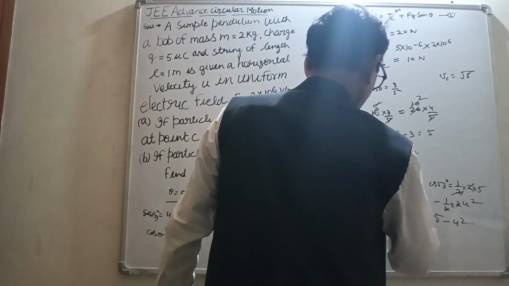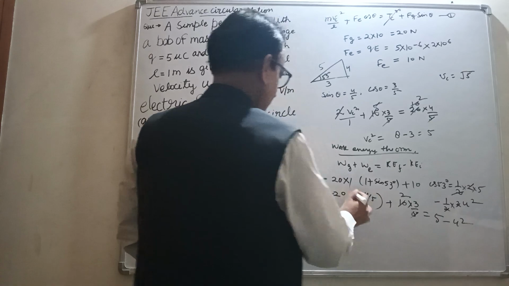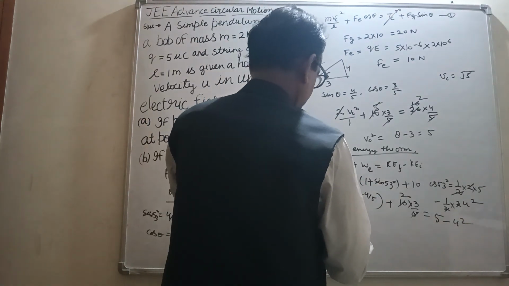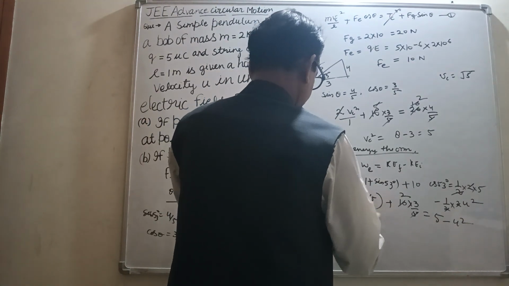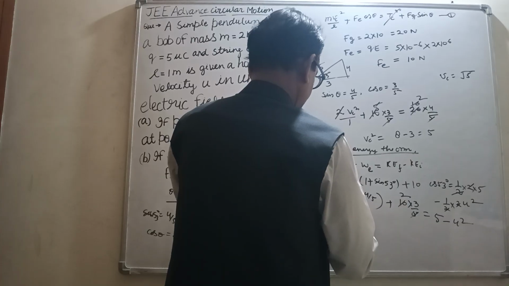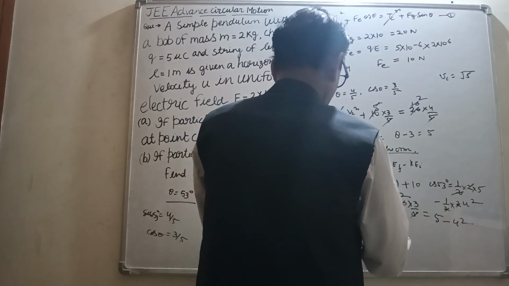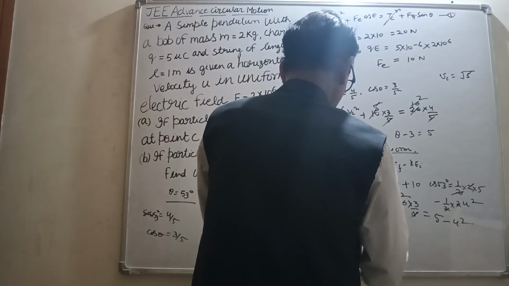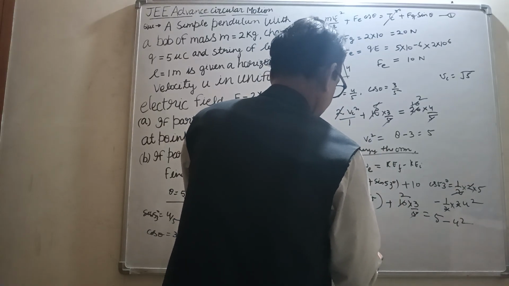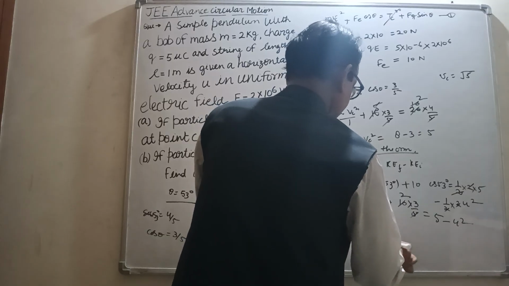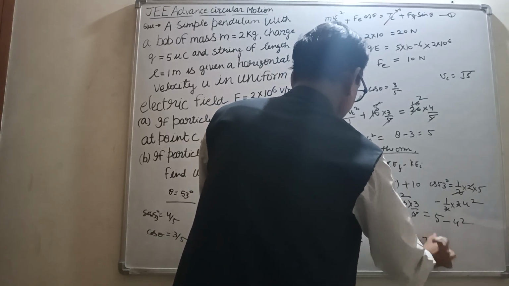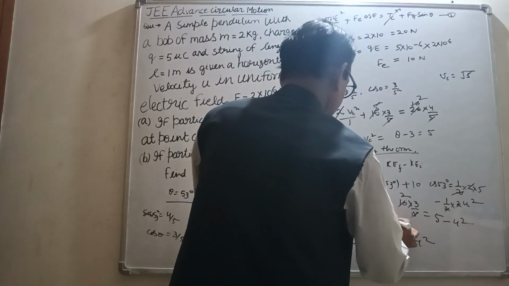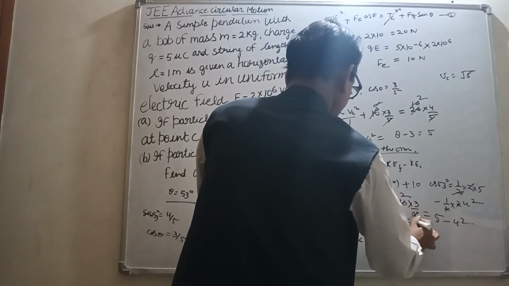So this becomes minus 36, and this becomes 6, minus u square plus 6 equals 5 minus u square.